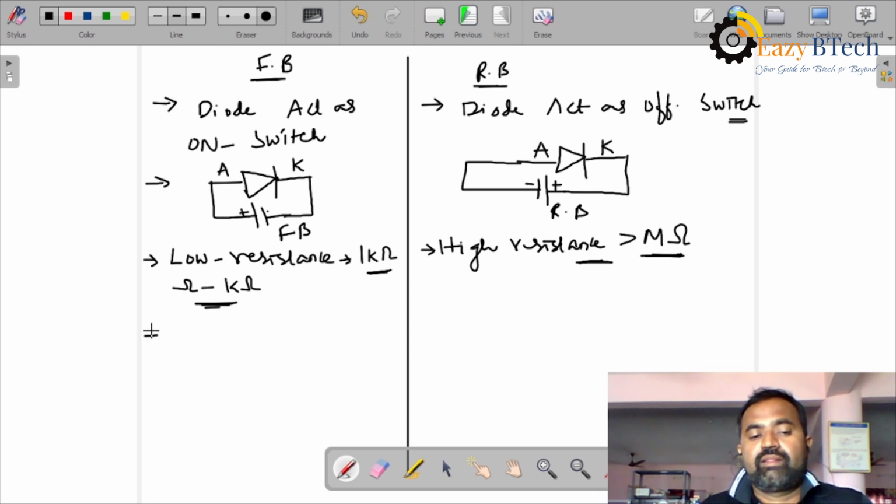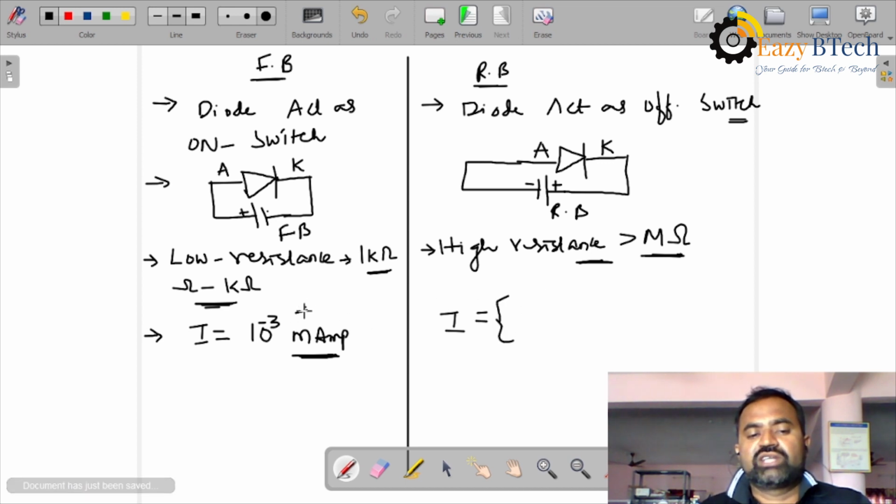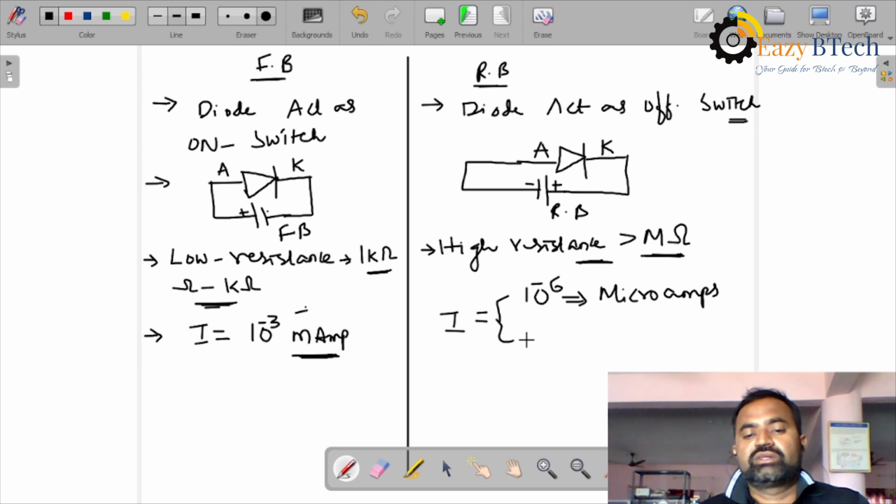Next, under forward bias, the current is in the order of 10 power minus 3, that is milliamps. Under reverse bias, for germanium the current is in the order of minus 6, that is microamperes, and for silicon it is nanoamperes.